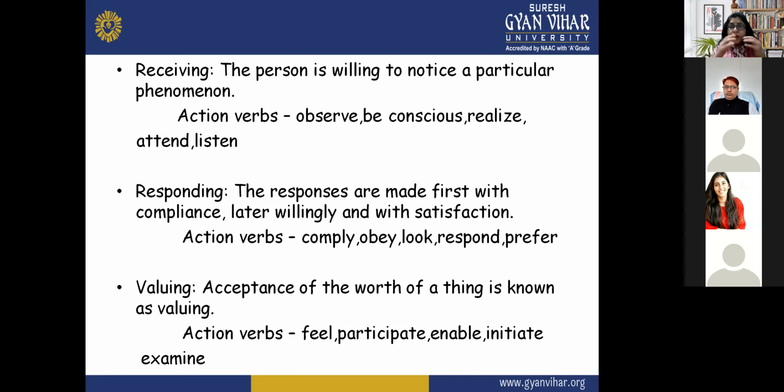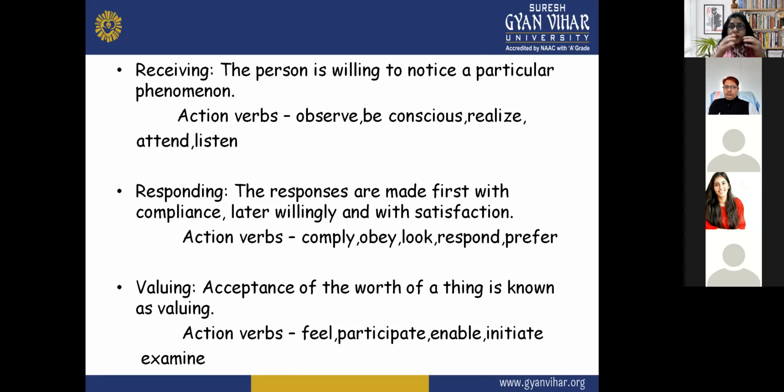Okay, so next part is characterization. Characterization is generalization of certain values into controlling tendencies, students. So controlling tendency emphasizes on internal consistency: how much the particular thing which you are valuing is important, how much it is going to be useful, and for how long.